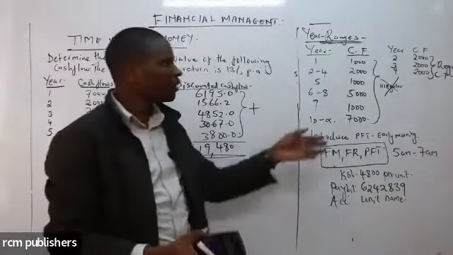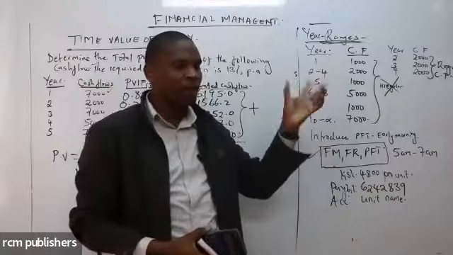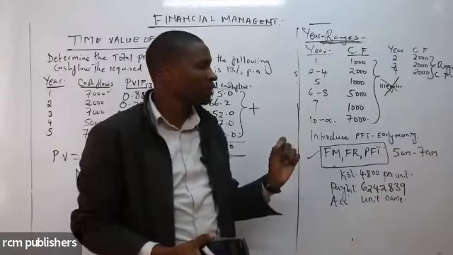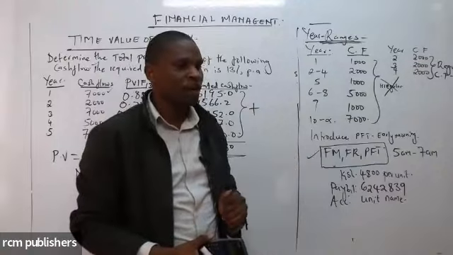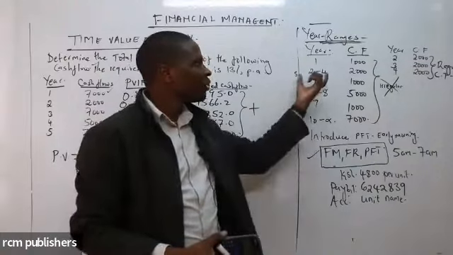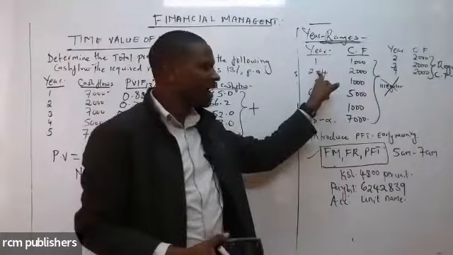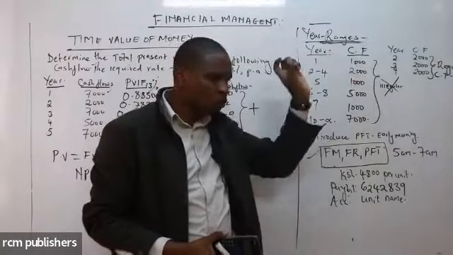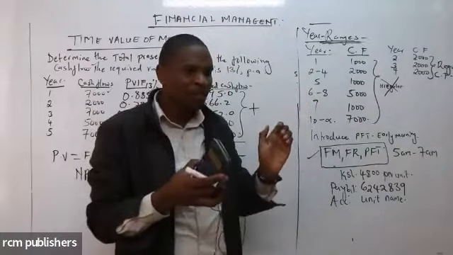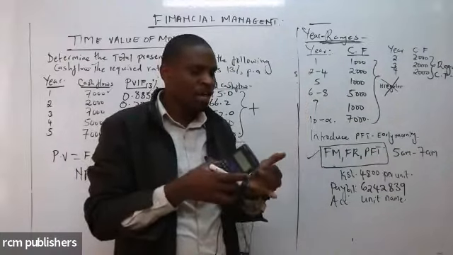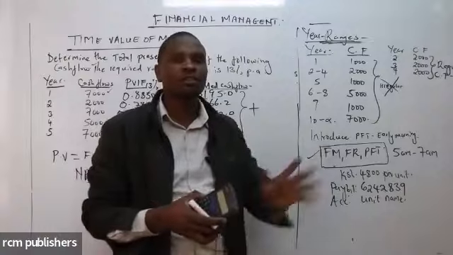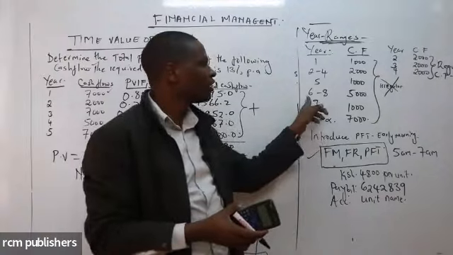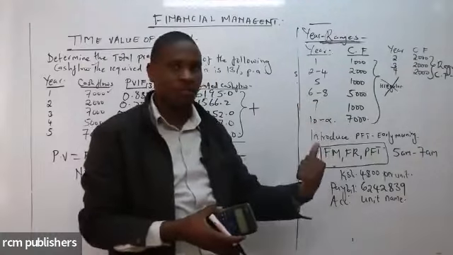Class, are we together? Can you see where the difference comes in? For the range year 2 to 4, we have a cash flow of 2,000, found in year 2, year 3, and year 4. That's a similar cash flow. The same case applies to year 6 to 8, 5,000.